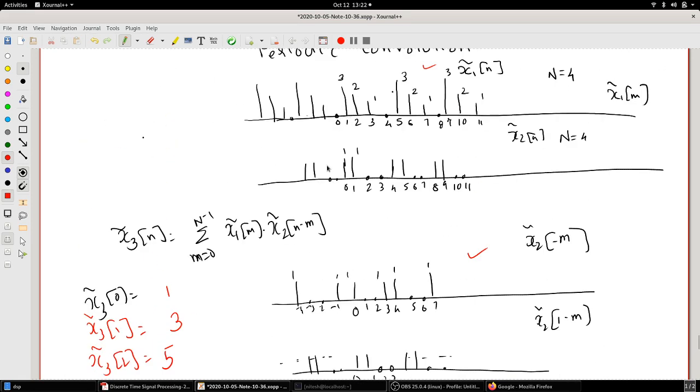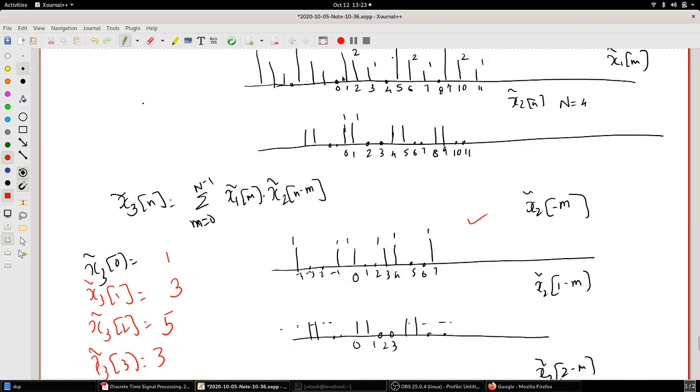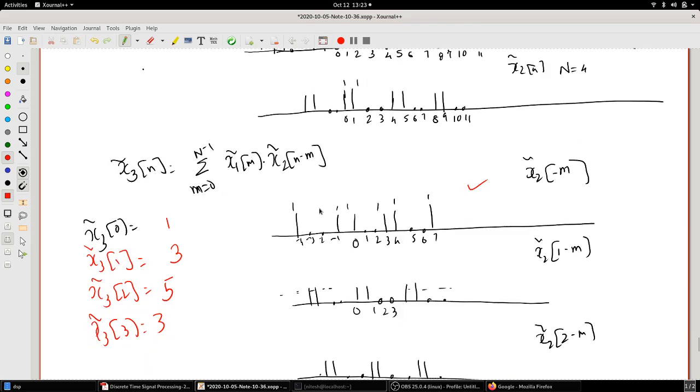Let me cross-check again, this into this, 0 3 2 1, only 1, right? So here it will be 1, this will be 3, this will be 3 plus 2, 5, and this will be 3.